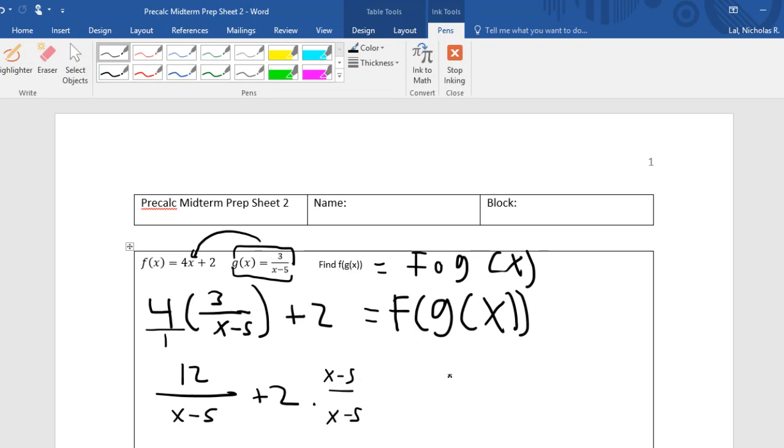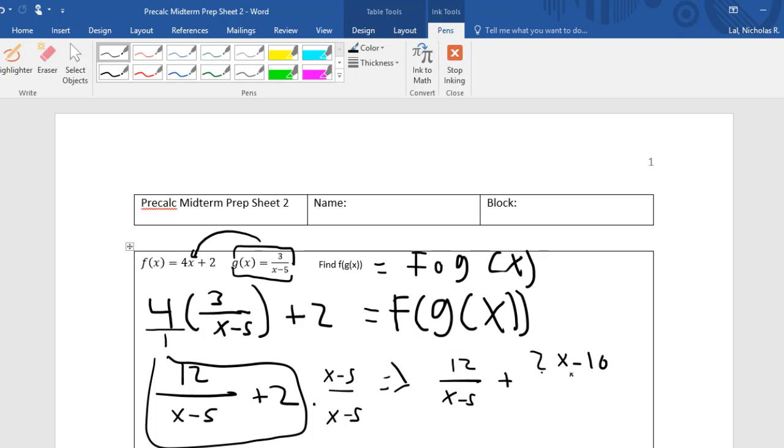But 12 over x minus 5 plus 2 is a perfectly acceptable answer. If I wanted a common denominator, I could have 12 over x minus 5 plus 2x minus 10 over x minus 5.